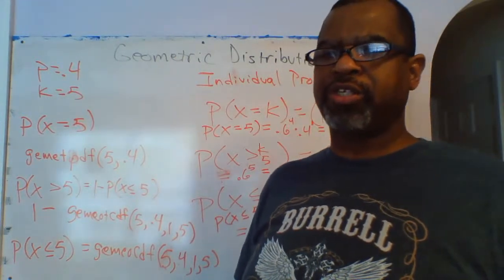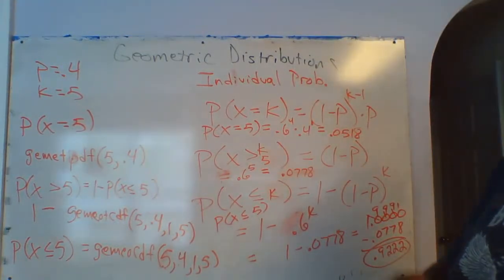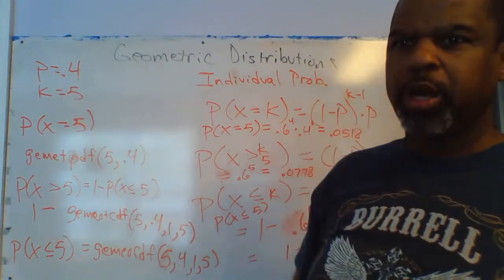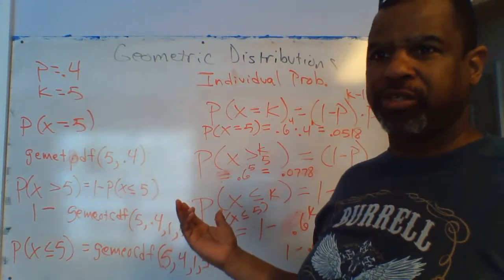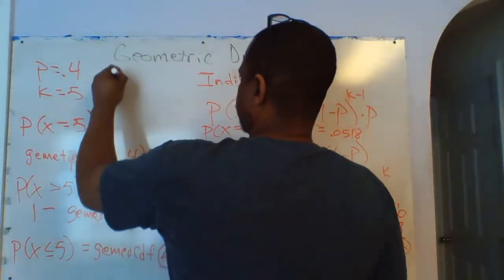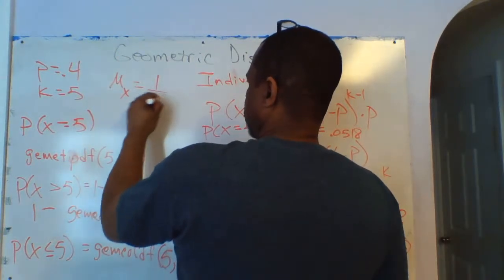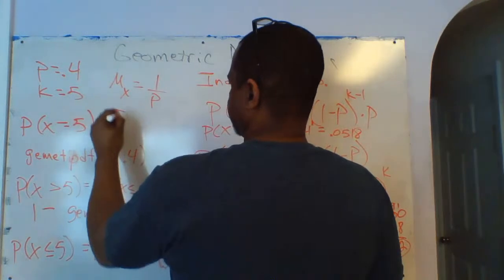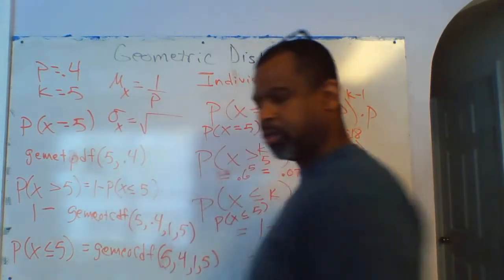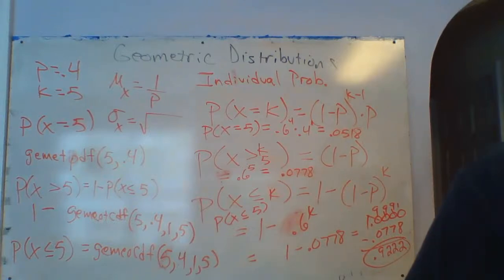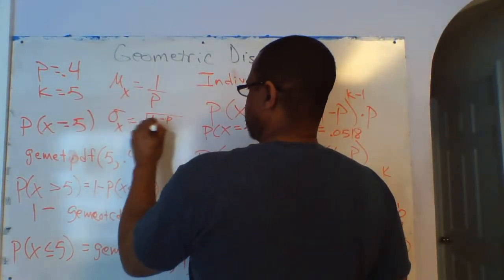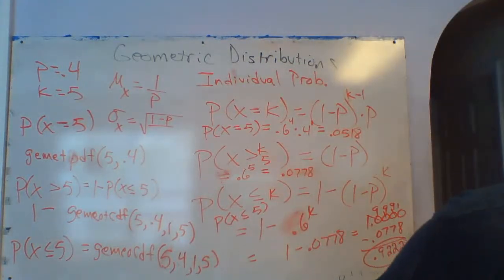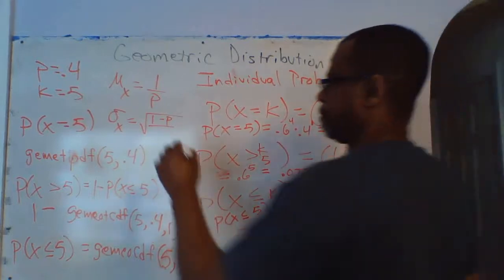Okay, so for geometric distribution, you're really not going to use the mean and standard deviation, because you can't use a normal curve for a geometric distribution. But if you had to find the mean of the geometric distribution, it's just 1 over p. The standard deviation is the square root of 1 minus p all divided by p squared.